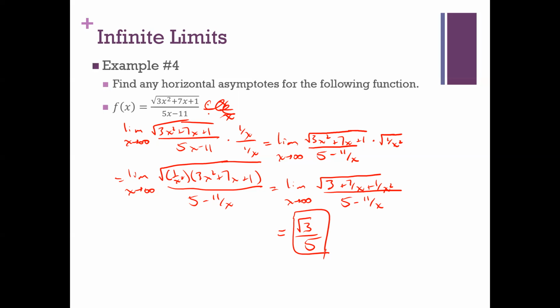That argument about looking at the leading powers in the numerator and denominator is fine for giving yourself an idea, but it's not a very strong argument like this is. That makes sense? Any questions on how we got radical 3 over 5? Okay.